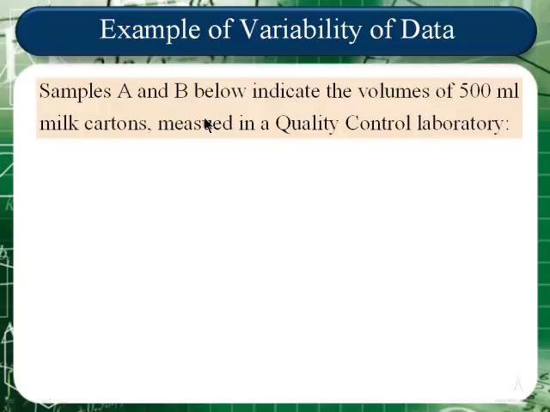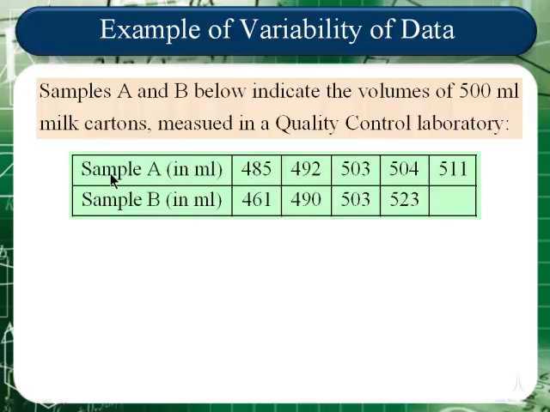An example of variability of data are the following. Samples A and B below indicate the volumes of 500 milliliter milk cartons measured in a quality control laboratory by a quality controller.